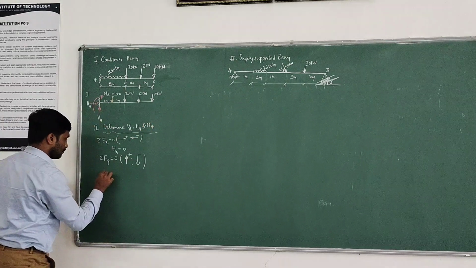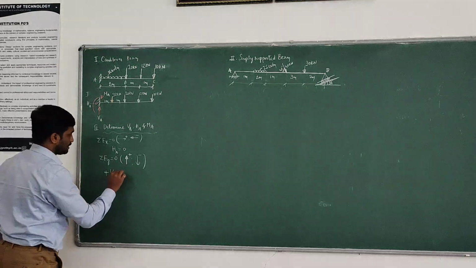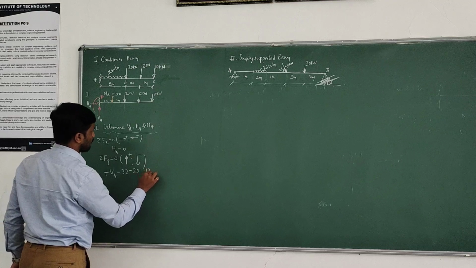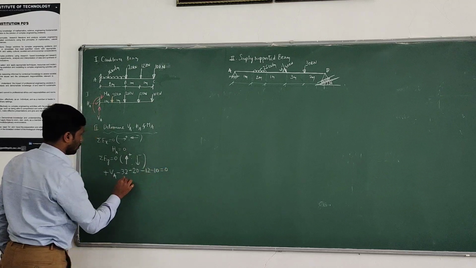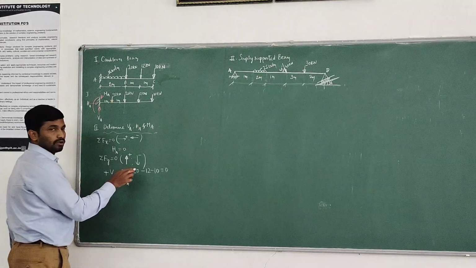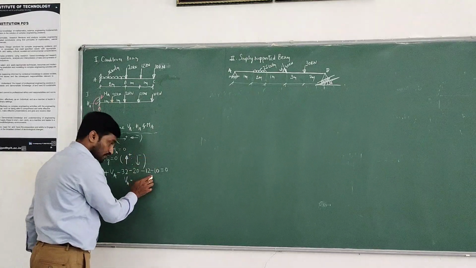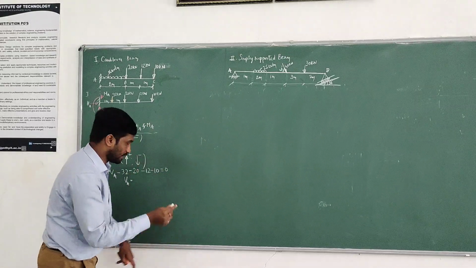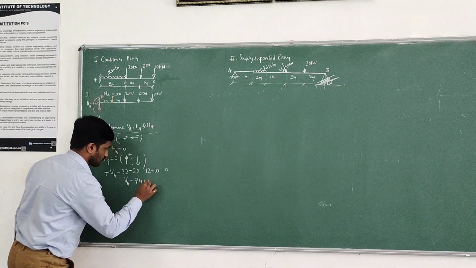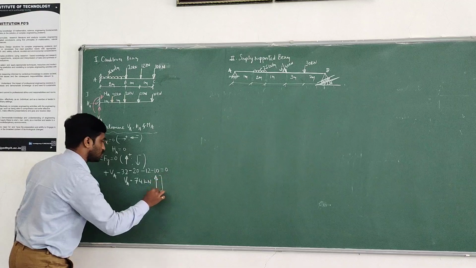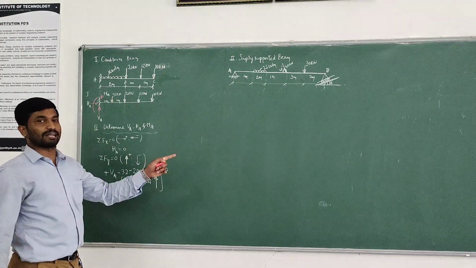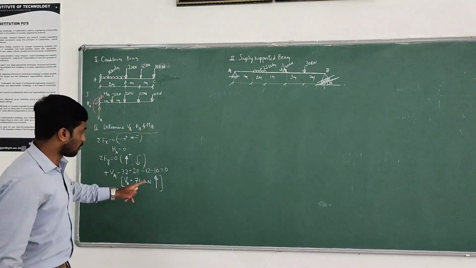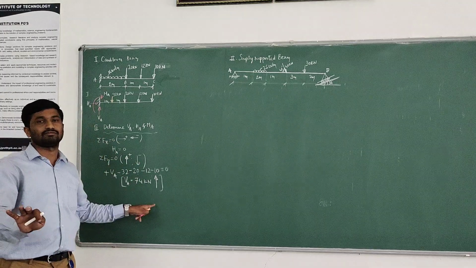Therefore plus VA minus 32 minus 20 minus 12 minus 10 equals 0. We are getting VA: 32, 52, 64, 74. If you take it to the right side, it will become plus 74, 74 kilonewton. Vertical force positive, acting positive means upward direction. Whatever we assumed initially, we are assuming reactions in the positive direction, so whatever the assumed positive direction is right.